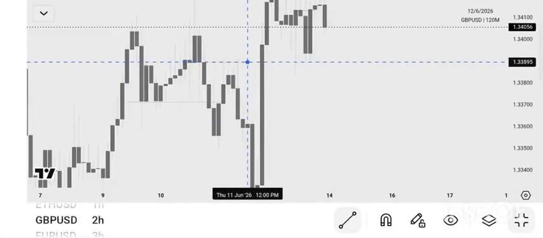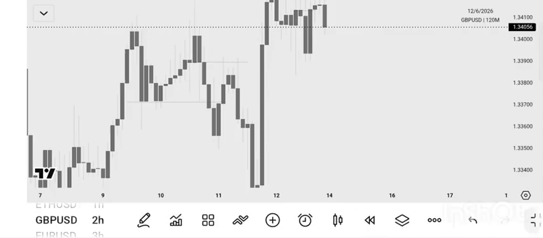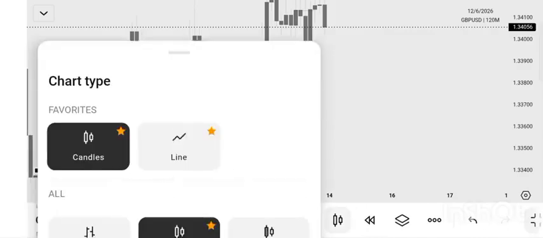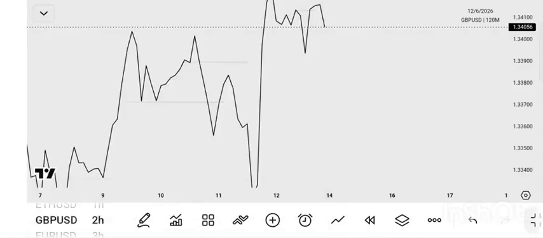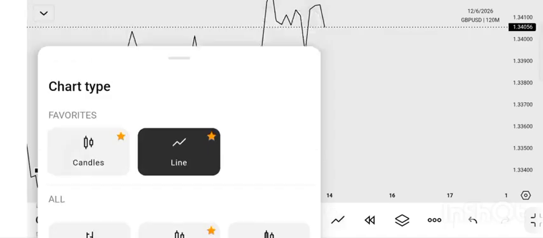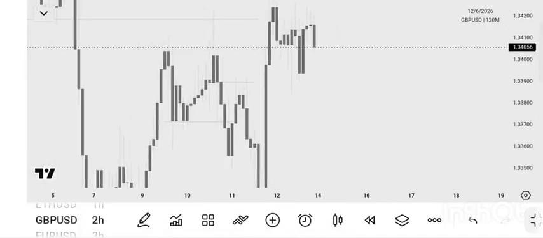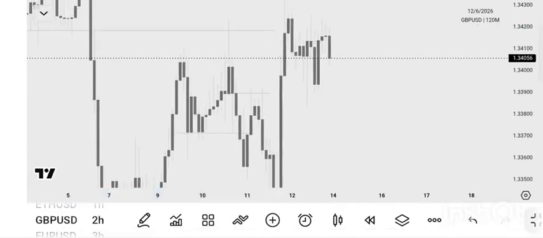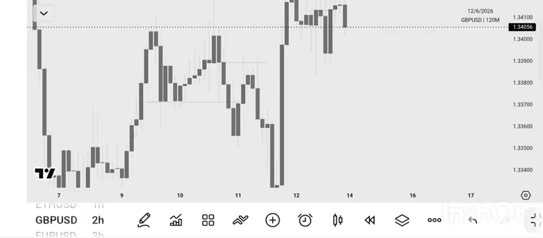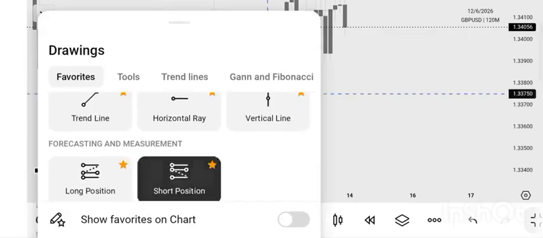Go to the line chart. This was last week's price action. You can see it was still bearish, a bearish breakout as well, before price tapped into this level. So this is where our entry was supposed to be from.